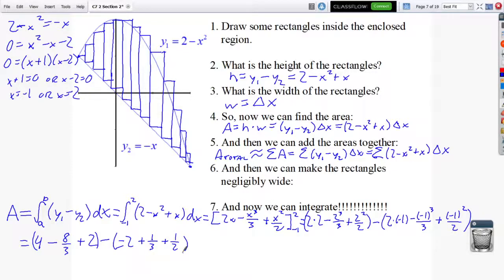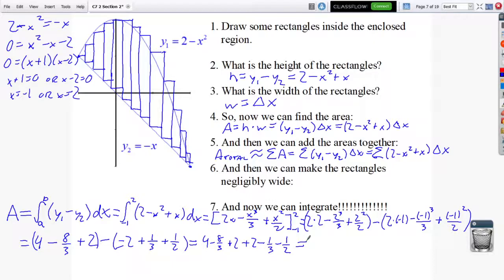So carrying this out a little bit further, I could probably distribute my negative. Okay, this is hard. 4 minus 8/3 plus 2 minus 1/3. Again, I'm distributing my negative throughout here, so minus 1/2.